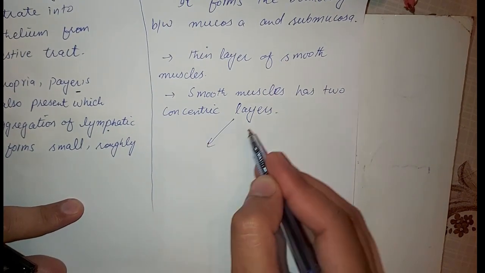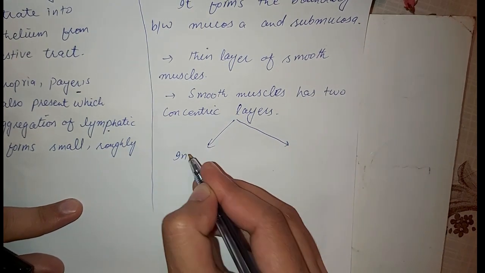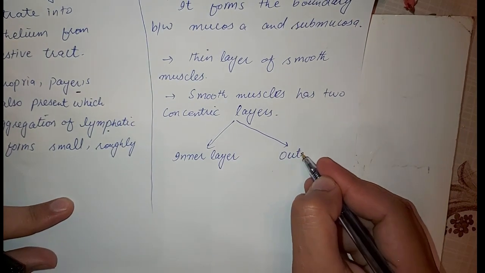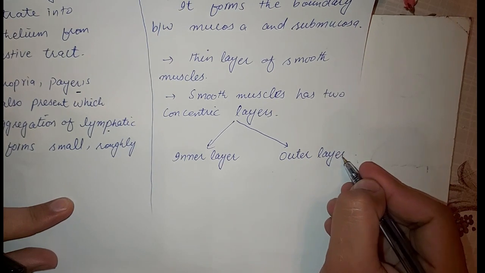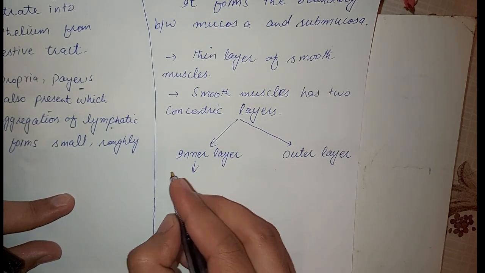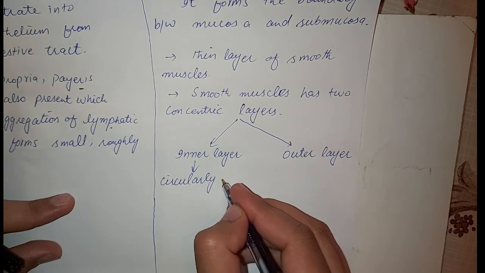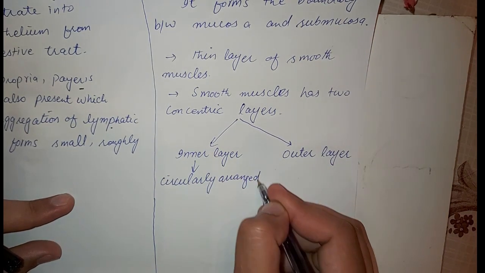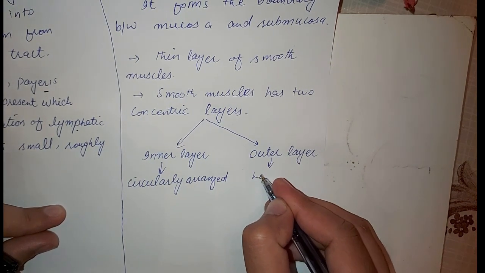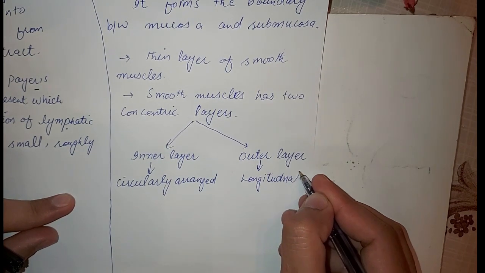The first one is the inner layer, the second one is the outer layer. The smooth muscles of the inner layer are circularly arranged, and the smooth muscles of the outer layer are longitudinally arranged.